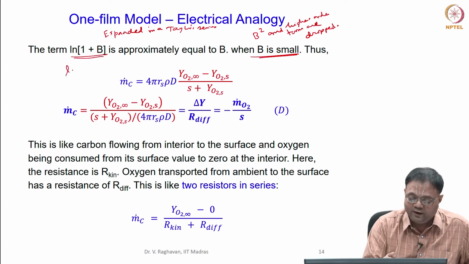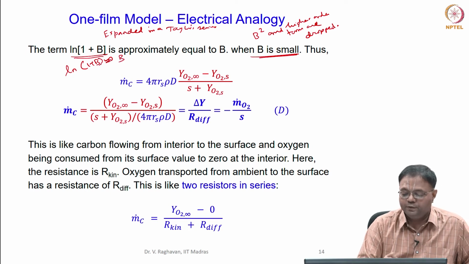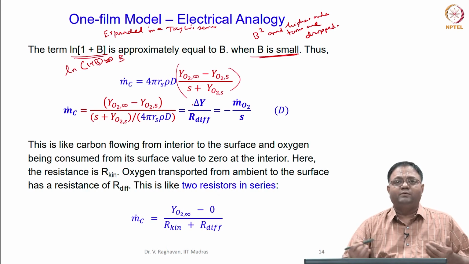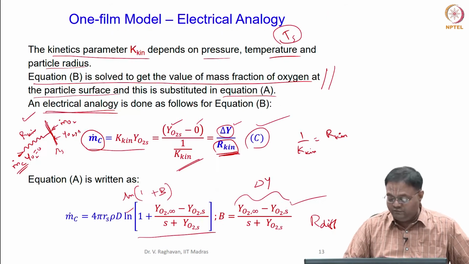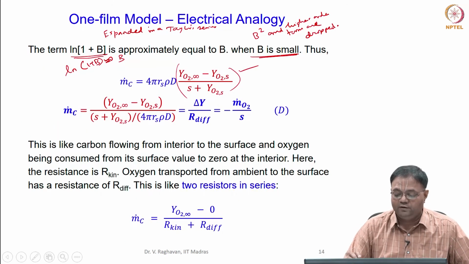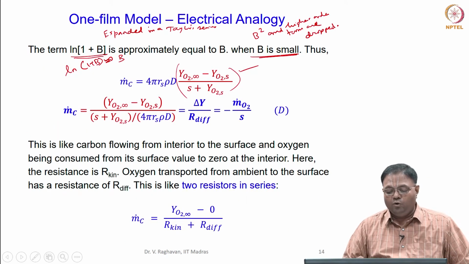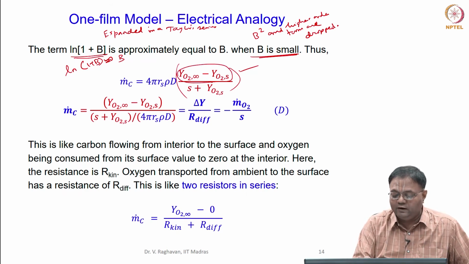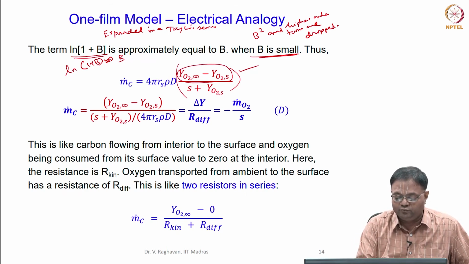Then I can say ln of 1 plus b is approximately equal to b. So, I will just put b here instead of 1 plus b, the simplification I am trying to do. So, b is defined here. So, ln of 1 plus b is just written as b here, and keeping this as delta y, I can keep other terms here. That is what I am trying to do here.